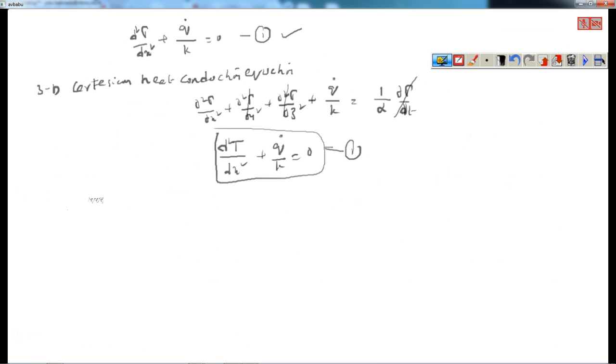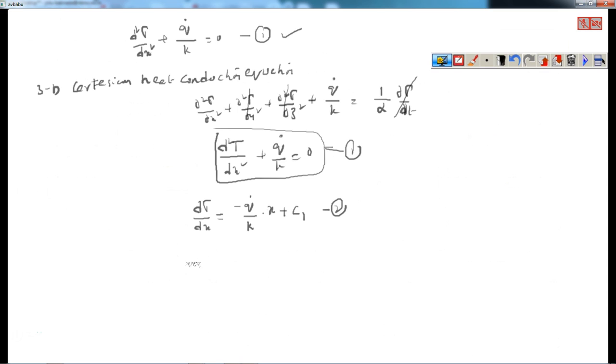Once I integrate, this equation becomes dT by dx, integral of d square T by dx square into dx plus integral of q dot by k dx. It becomes dT by dx is equal to minus q dot by k, and integration of this one is x, and there is a constant c1.